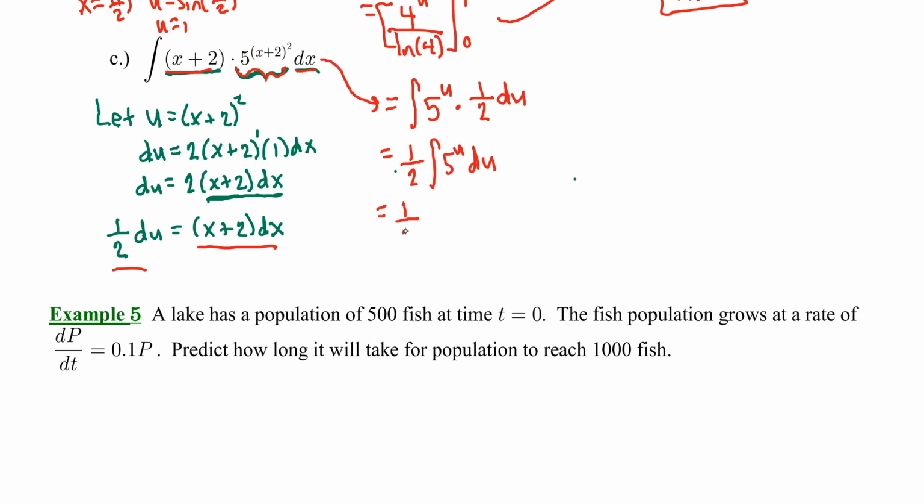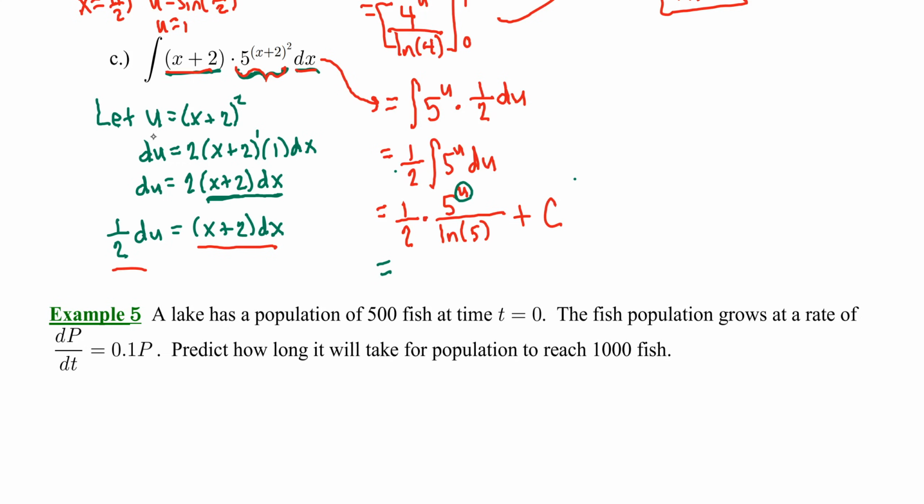This is our new formula. To integrate 5 to the u, we're going to make a copy of that exponential, and we're going to divide by natural log of the base because it's something other than e. Then, because this is an indefinite integral, we are going to add our constant of integration. And because this one is not a definite integral, we do need to go back and recover our original variable.